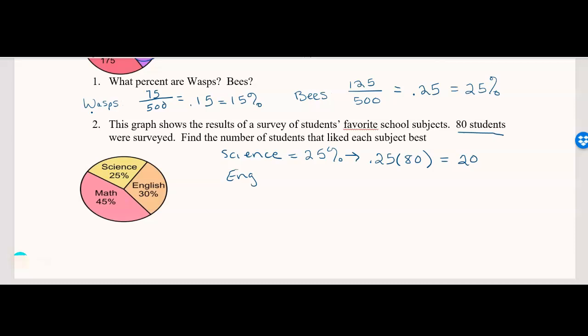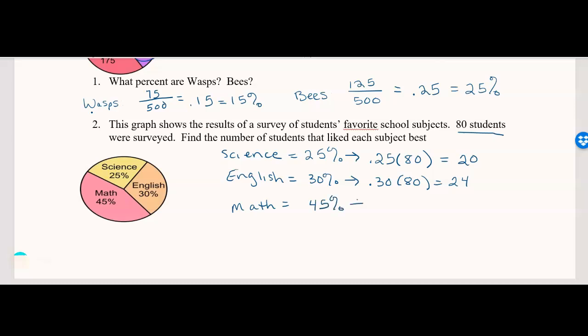And then we do the next one. So English was 30%. Then we get 0.30 times 80. And again, multiply those together and we have 24 students. And then last but not least, of course, math had the most. Why wouldn't it?